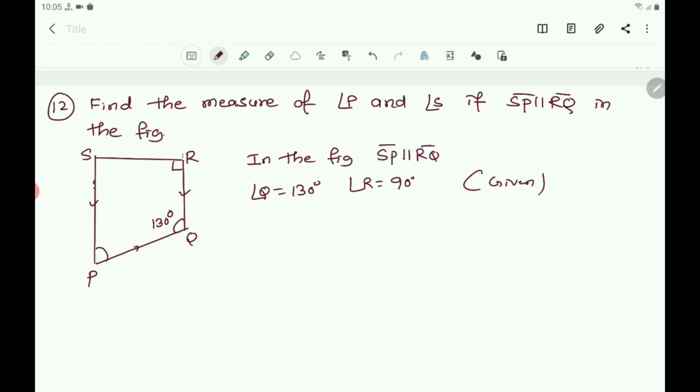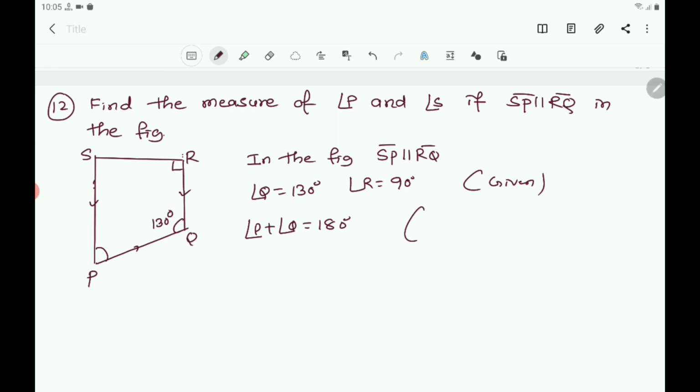Now angle P plus angle Q must be equal to 180 degrees, because PQ is a transversal and they are the interior angles on the same side of the transversal, and also that is one of the properties of the trapezium. In a trapezium, the sum of the angles at the ends of the non-parallel sides are supplementary.